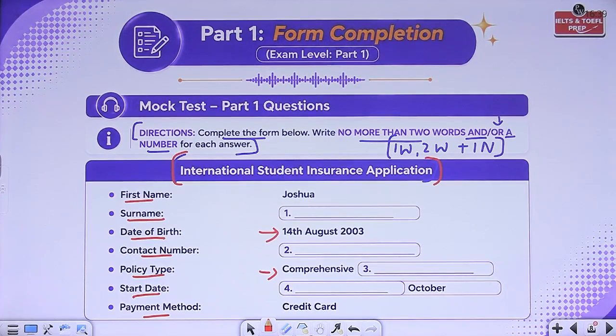Abernathy. Perfect. Got it. And your date of birth? It's the 14th of August, 2003. Great. Now, what's the best contact phone number for you while you're in the country? You can reach me on 077 009 3115. Oh, wait, sorry, that's my old home country SIM card.